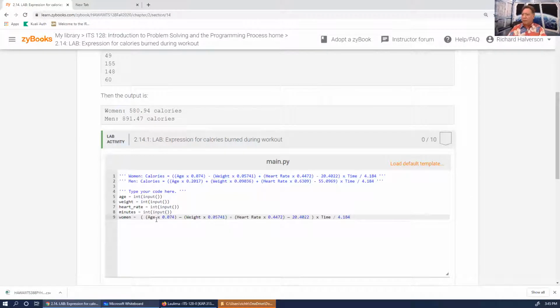So this is a times, and this is a times, and this is age. This is weight. This is heart rate, and this is, well, whatever, minutes. And this is a times, and this is a times.